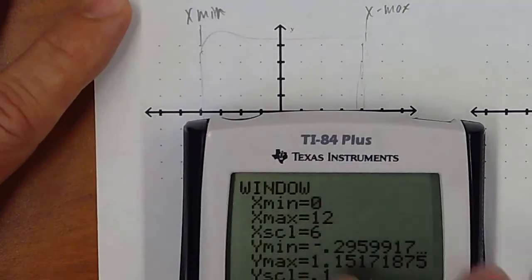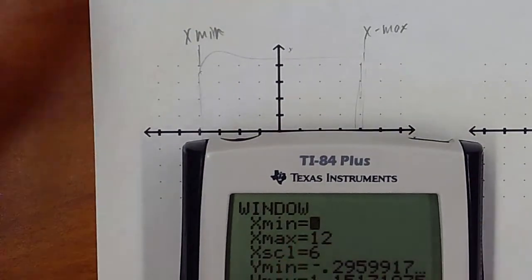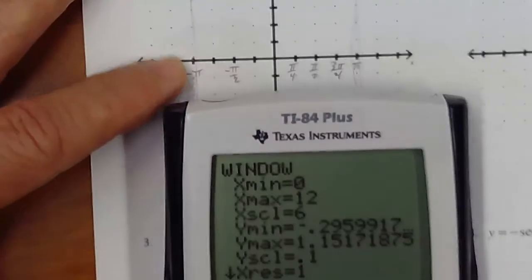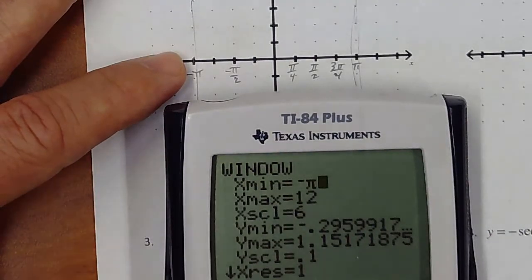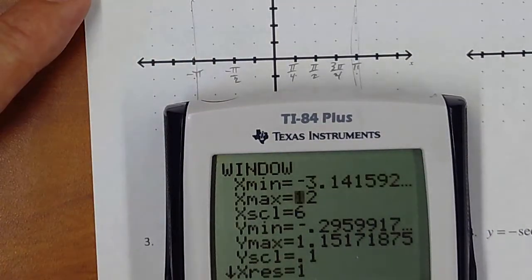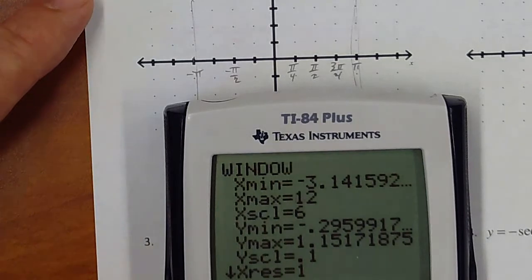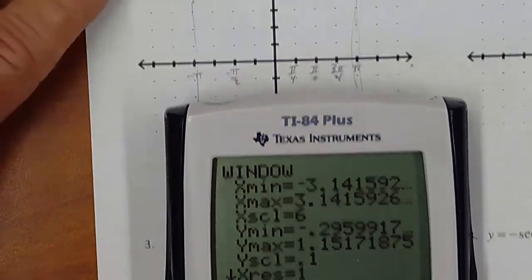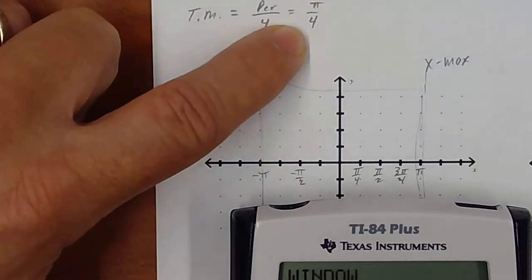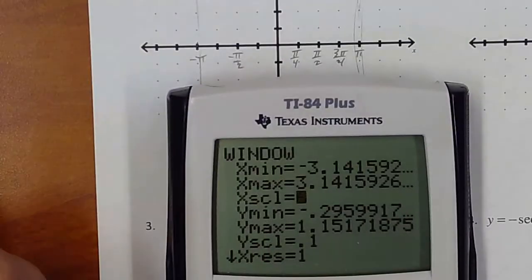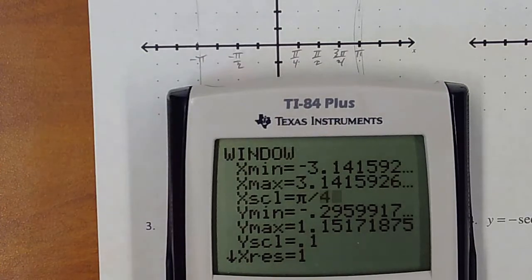So go to window, X min, mine's 0 right now. I'm going to put in negative pi, and it changes the decimal form for me. X max, positive pi. My scale is the tick marks or scale marks that I just found. I want that to be pi over 4, so pi divided by 4.